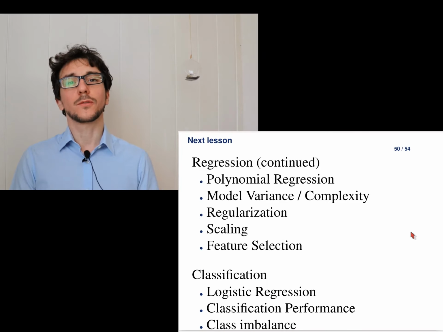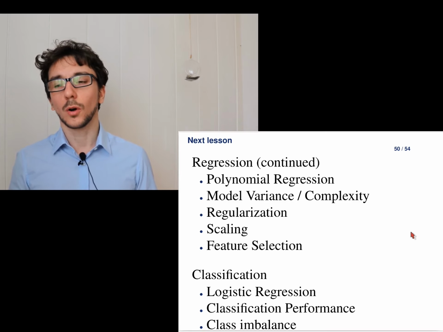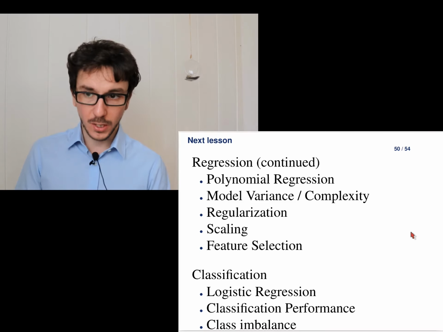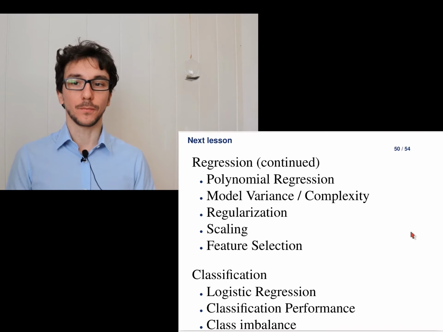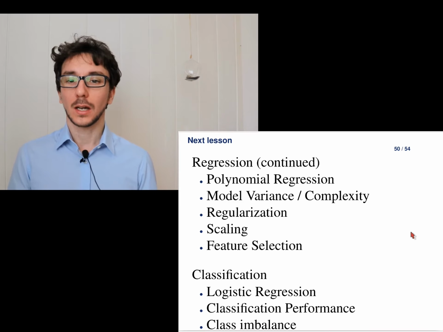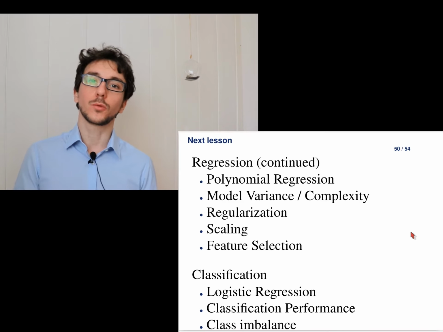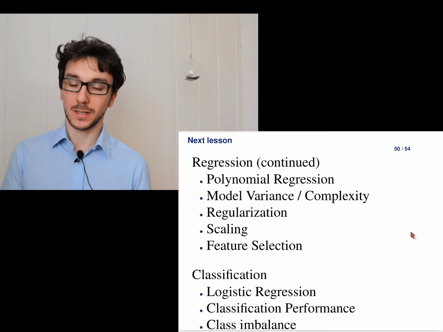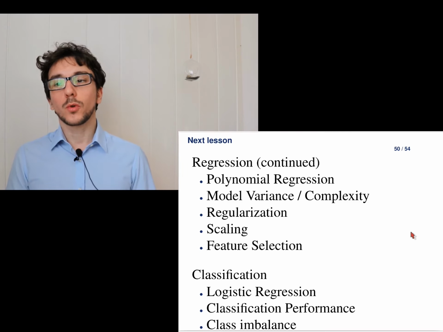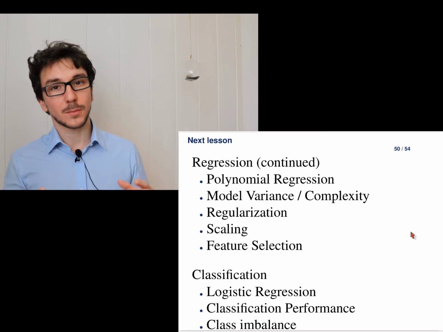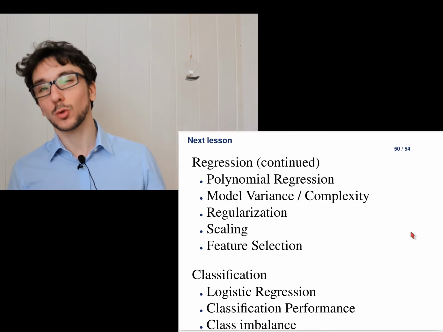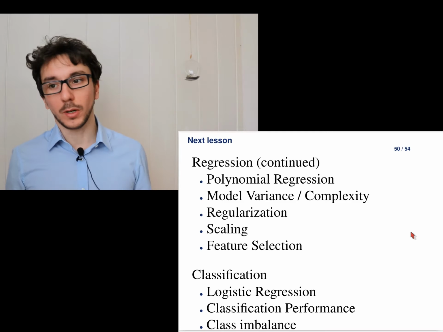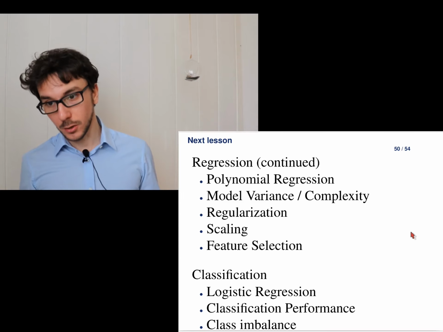In the next lesson, we first will continue on regression. We will extend linear regression to polynomial regression, and we will see in this context what is the trade-off between having a model that is very complex or more parsimonious. We will understand that it's better not to complexify too much our model, and in order to keep it simple enough, we will introduce regularization techniques.